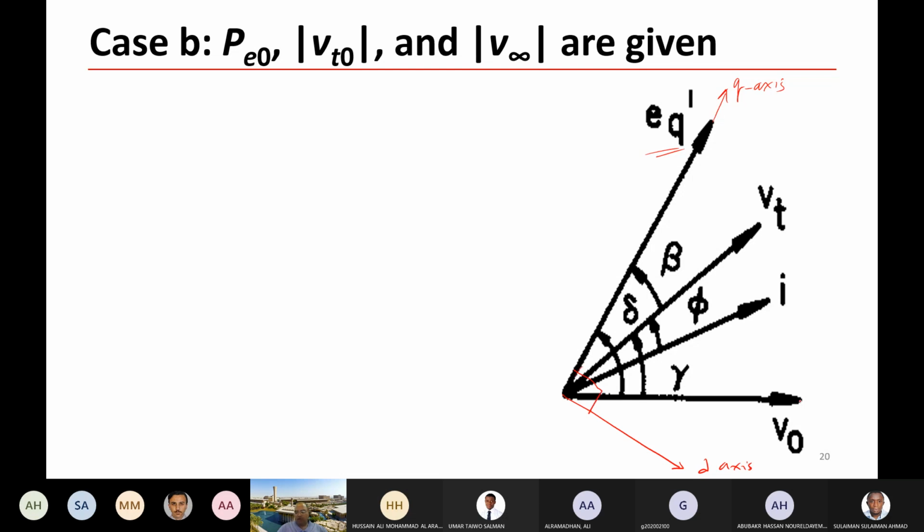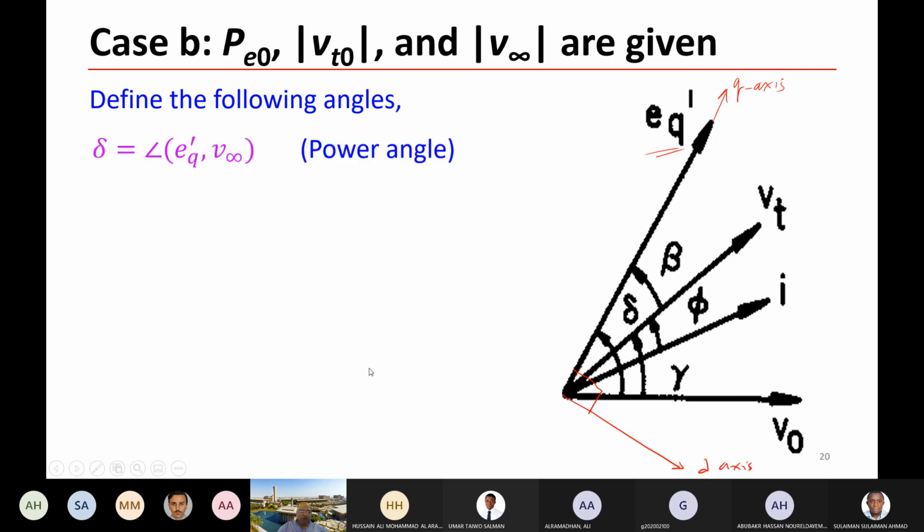So again, we can find V infinity d and V infinity q, Id, Iq, Vtd, Vtq, and so on. So we can define the angle beta and delta, the angle between Eq prime and V infinity, same definition as before. Gamma, the angle between Vt and V infinity, and the phase angle, which is phi, and so on.